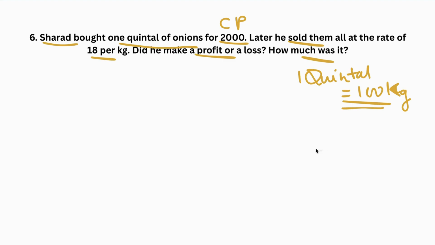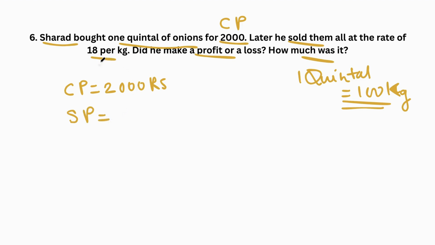So just remember this. Now, how much quintal he bought? 1 quintal. That means he bought 100 kg of onion for rupees 2000. So here the cost price of 1 quintal, that means 100 kg of onion, is 2000 rupees.